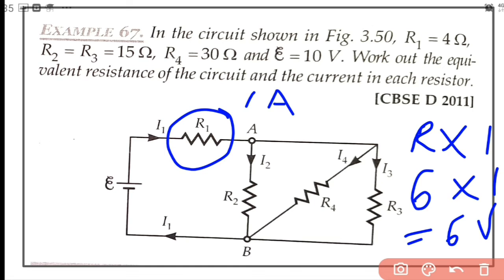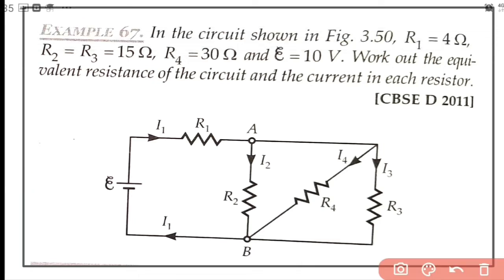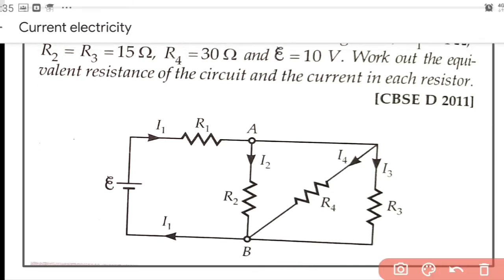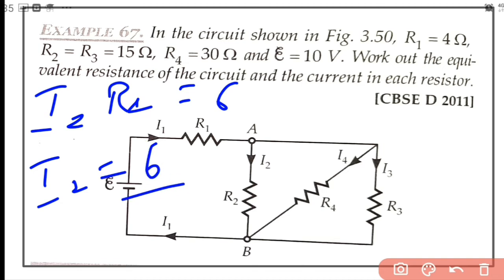So when you calculate the current, let's start with R2. So I2 R2 will be equal to 6 volt. So what will be I2? I2 will be equal to 6 divided by R2. How much is R2? R2 is 15. So it will come as 2 by 5.